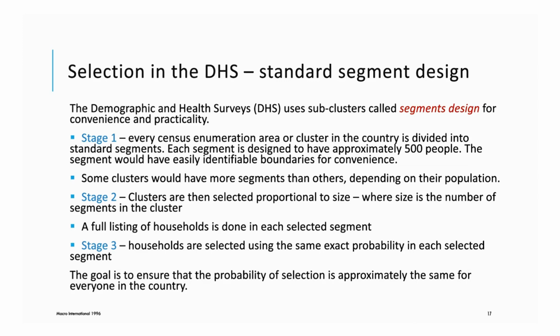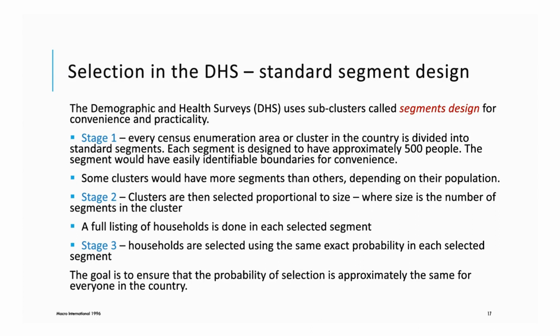In the design of the DHS study, the first thing that happens is that the whole country is divided into clusters. Most of the time, the clusters correspond to administrative units. It might be around counties, it might be around census tracts.